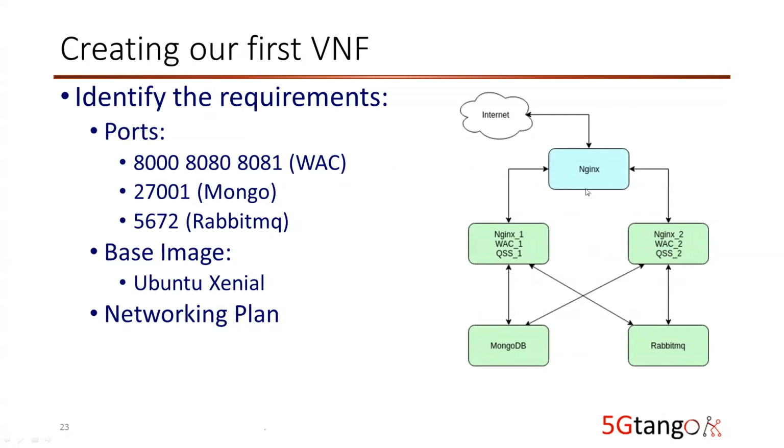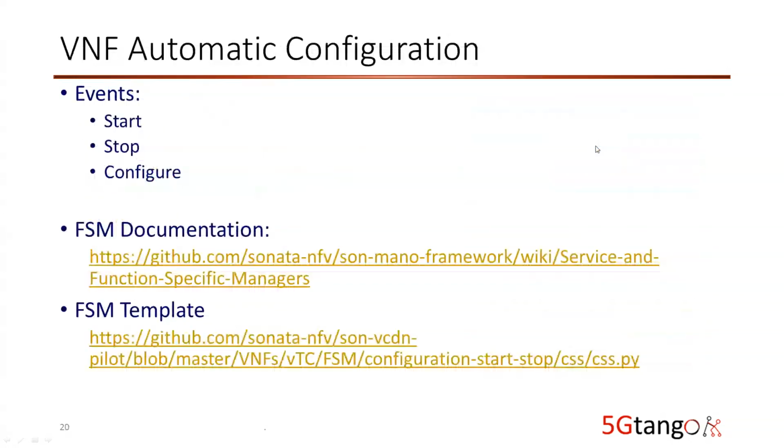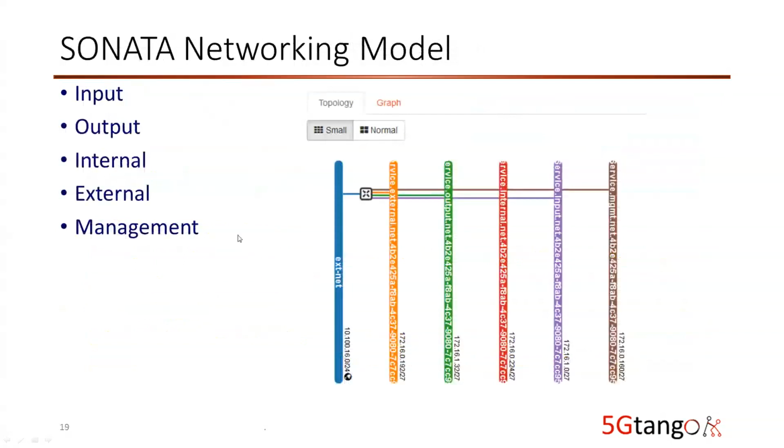This network could be internal, and this network could be external. We could set that when we create the descriptor later. We'll set 1 interface as external, and the rest of the interfaces as internal.